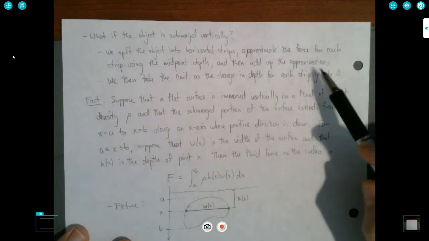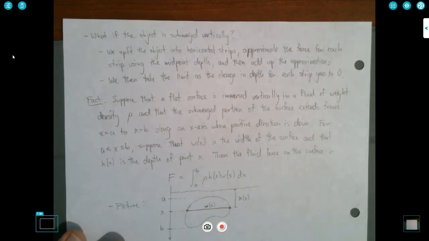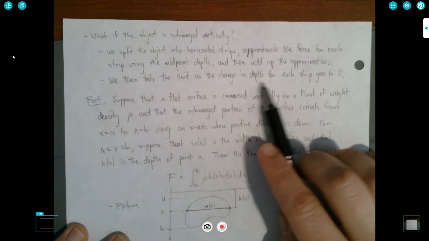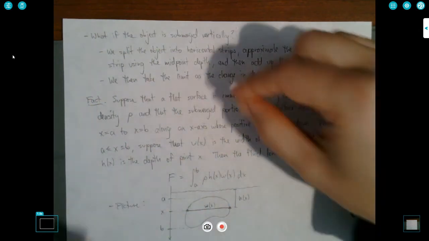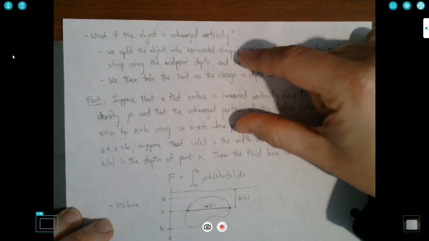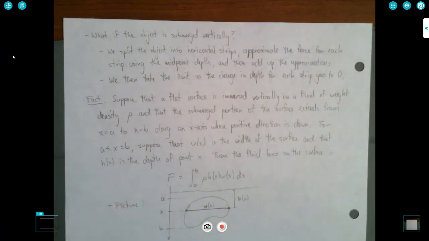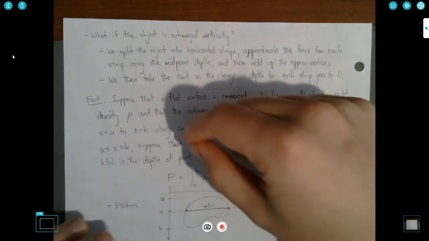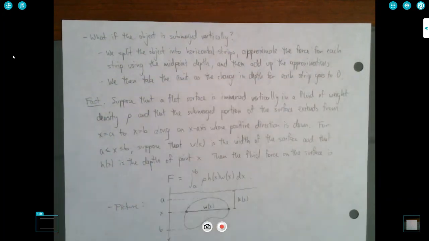And then we'll add up all the approximations. Now, calculus comes into play when we take the limit as the change in depth for each strip, the width or depth of each strip, goes to 0. If we allow the change in depth to go to 0, then we get an integral, right?